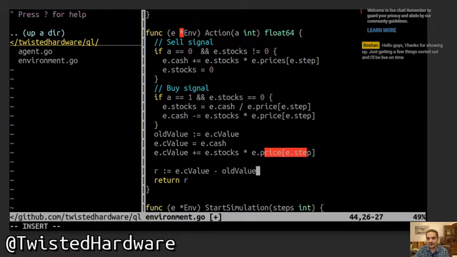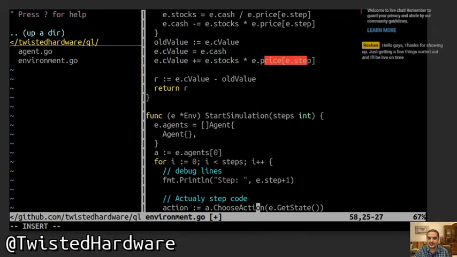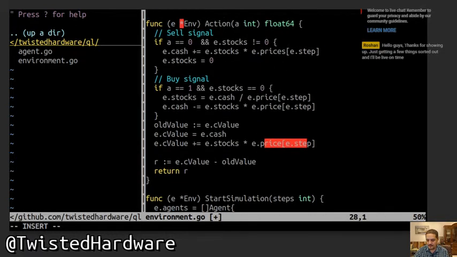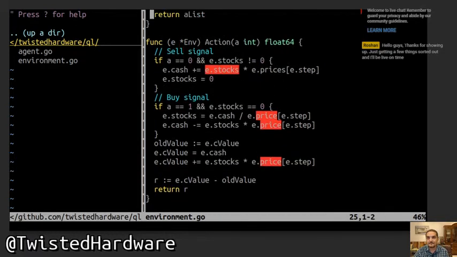Okay, so if my current value today is $100 and I had $99 yesterday, my reward is 1 because I increased my value by $1. So the agent will be able to see its current value continuously. Let me save this.